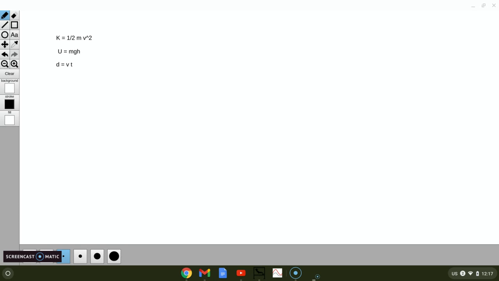What is changing, the variables we're changing in this lab, is the height and the velocity. Now, if you remember, we are using the distance as an approximation for the velocity.